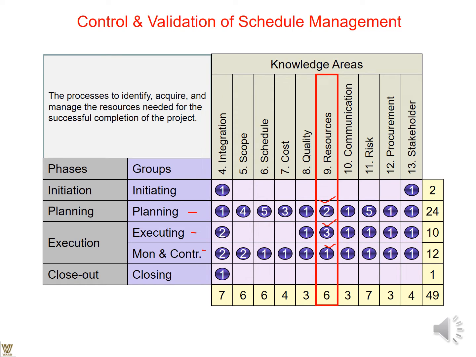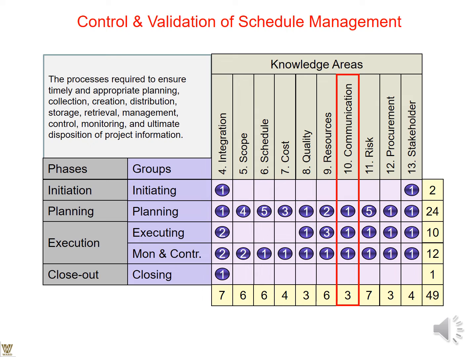Let us come onto the knowledge area of communication. Remember, we initiate the project with communication itself, and we culminate the project with communication itself. It needs to be communicated thoroughly during the execution of the project altogether. So it has to be there in the planning, in the execution, and in the monitoring and controlling. What does it mean?